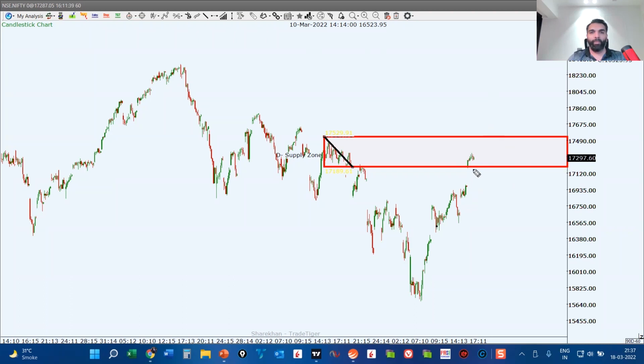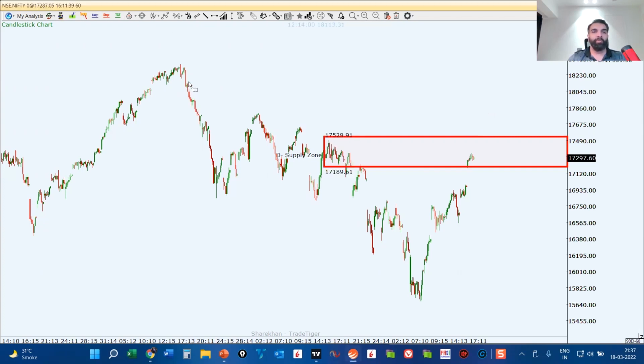So if this level gets breached or gets taken out, then we might see potentially the market moving towards these levels over here. Okay, and now if you more or less line up this with the open interest, then the level to watch out for in the coming days or the coming weeks, if the market turns extremely bullish, are these levels.